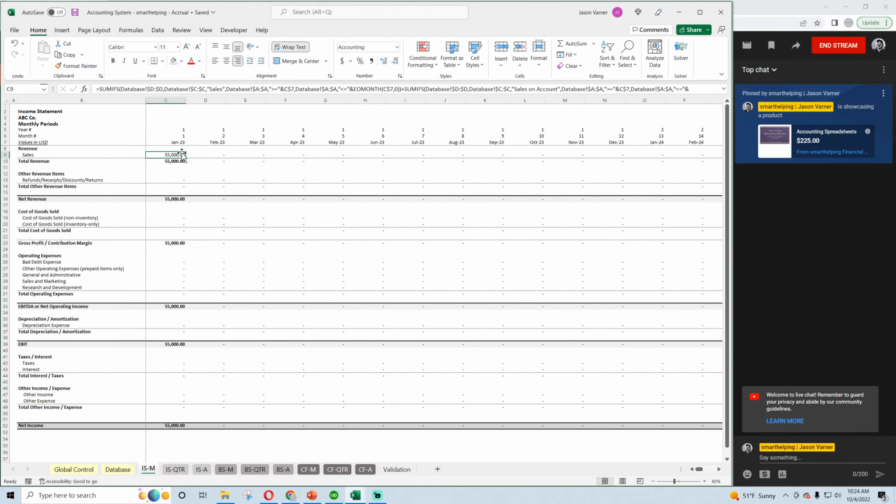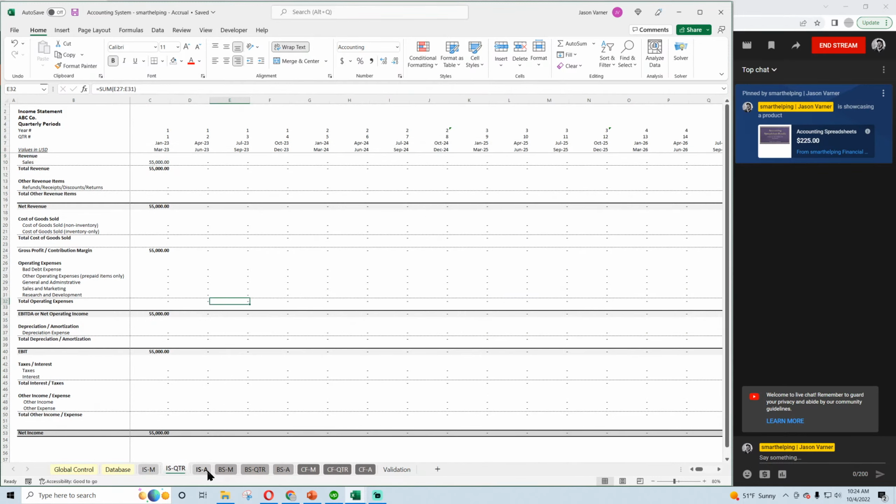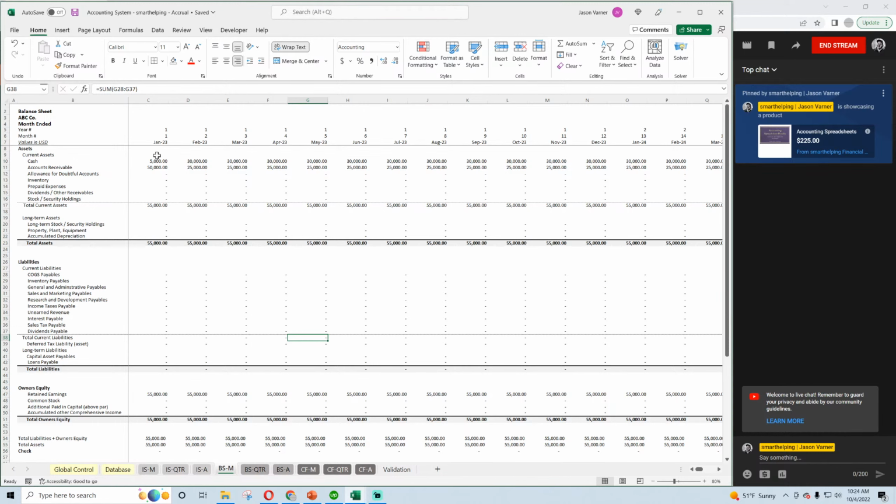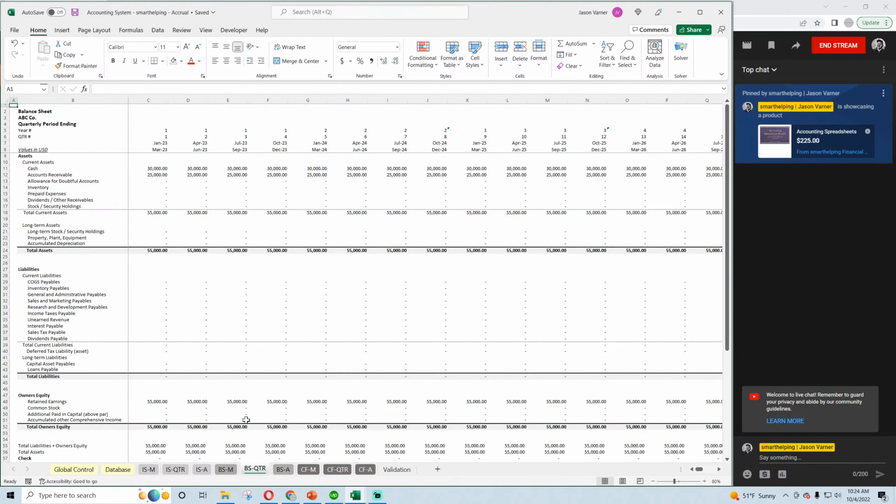You're recognizing that revenue in the period it was made, even though you're not getting all the cash. On the balance sheet, you can see here we've got a receivable now of 50,000, and when we receive the rest, that goes down to 25,000. Cash goes up, and this is all working just fine.